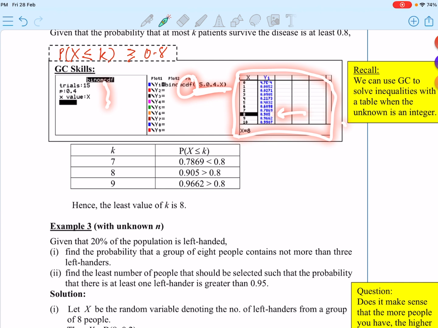You will be required to write down the three values here that exceed 0.8 and are less than 0.8. Do take note that in your table headings, you are required to write the values of k, and the probability that x is less than or equal to k. So from the table, we can see that the least value of k is actually 8, because when k is 9, it is not the least value, it is the next least value.